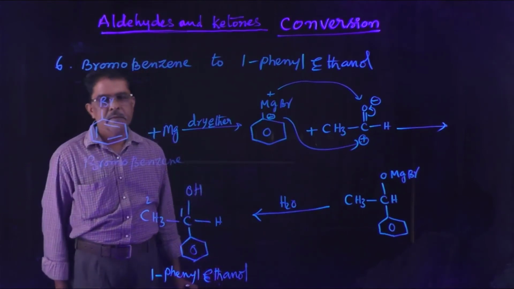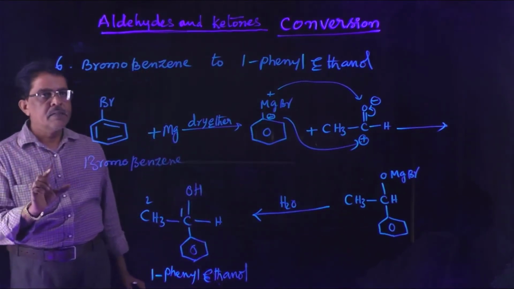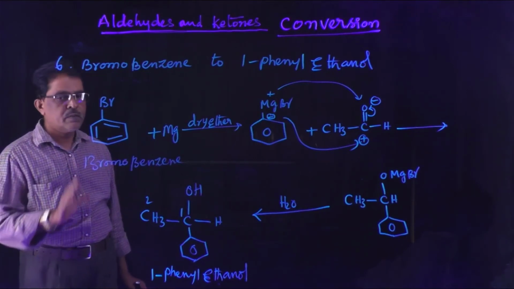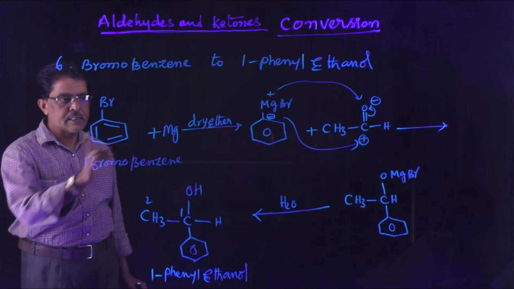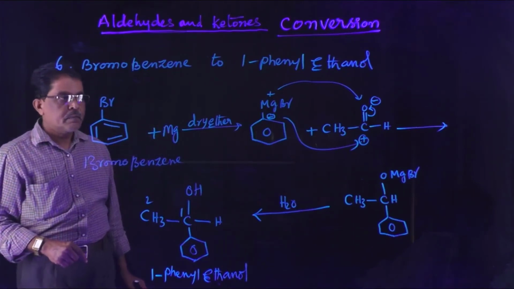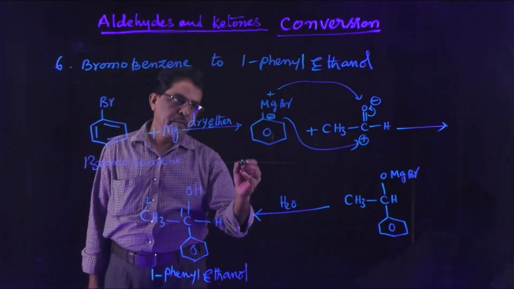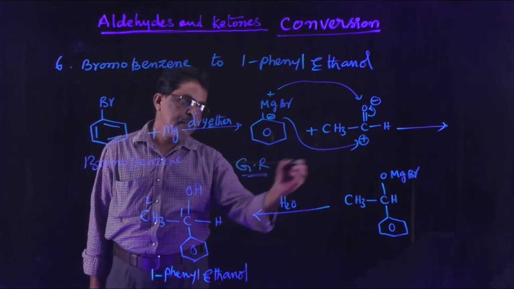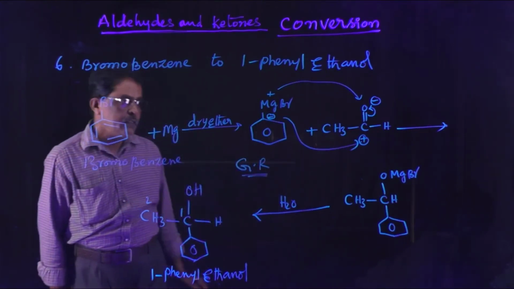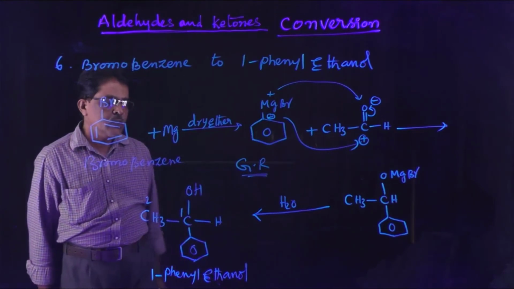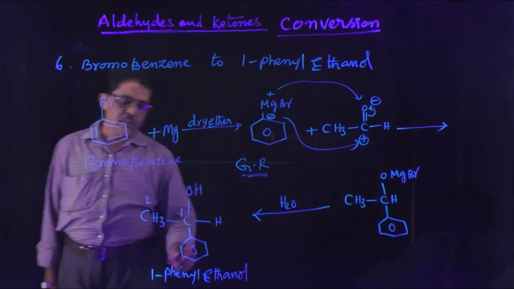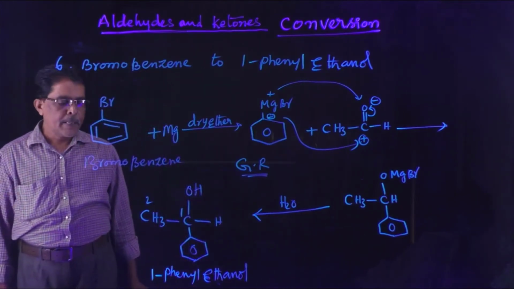Right, understand? So this is the conversion of bromobenzene to 1-phenyl ethanol. First of all, bromobenzene is converted into a Grignard reagent. This Grignard reagent reacts with acetaldehyde. Then you will get a secondary alcohol, that is 1-phenyl ethanol, right?